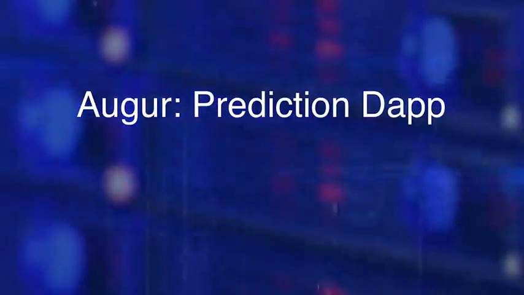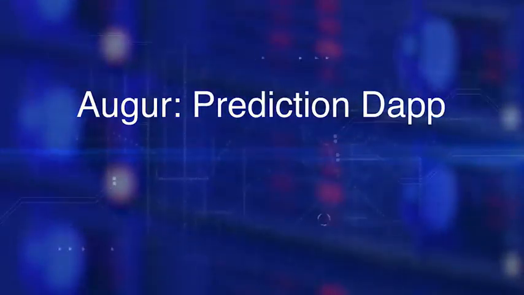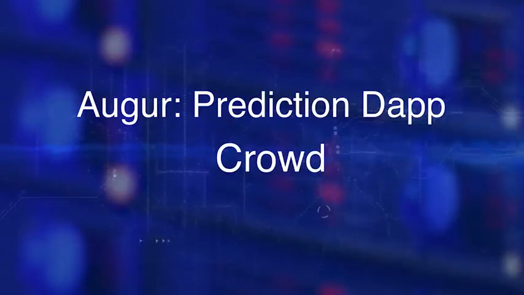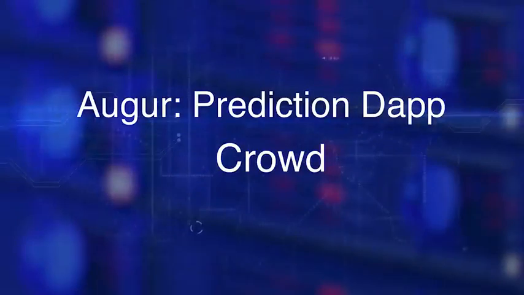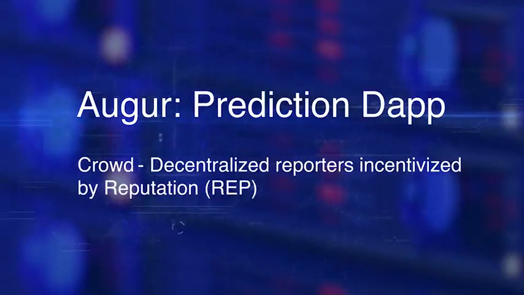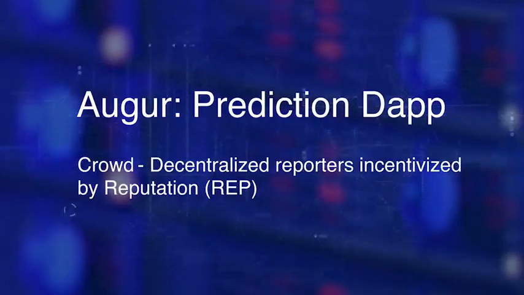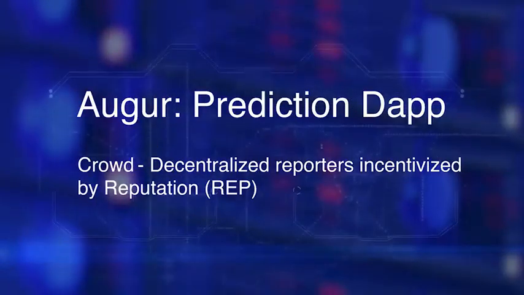Augur is a prediction DApp that depends on the wisdom of crowd and their reports on reputation of a product to predict markets. These decentralized participants or crowd get paid in rep tokens or reputation tokens. These tokens represent a fraction of the fees collected if the transaction gets executed based on the crowd's reporting.